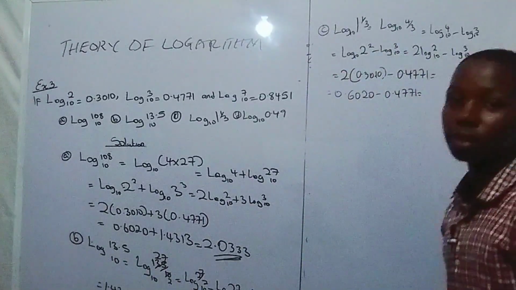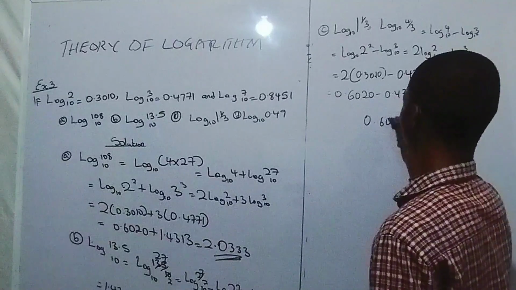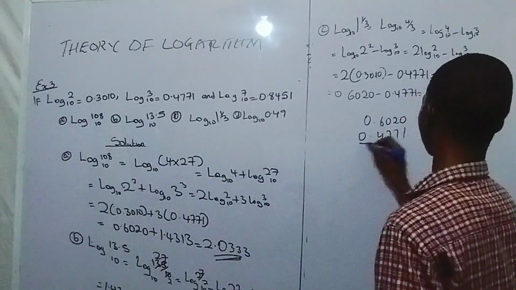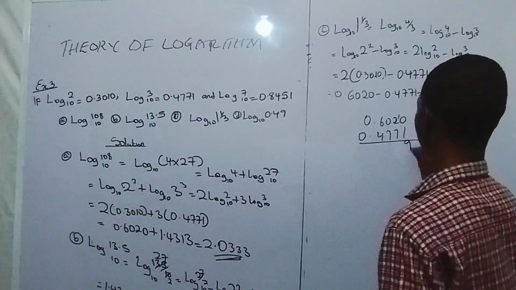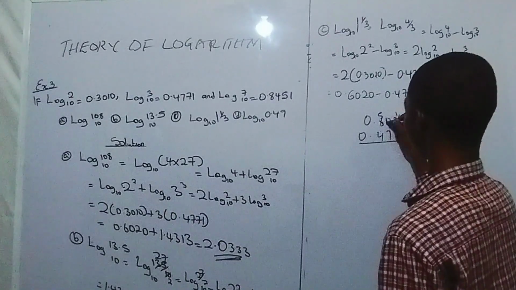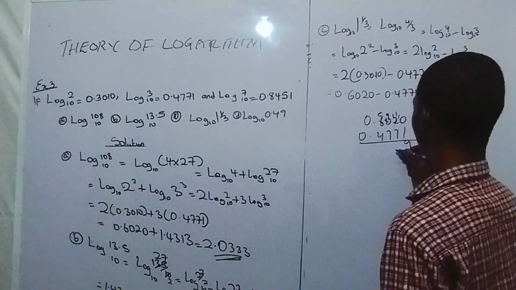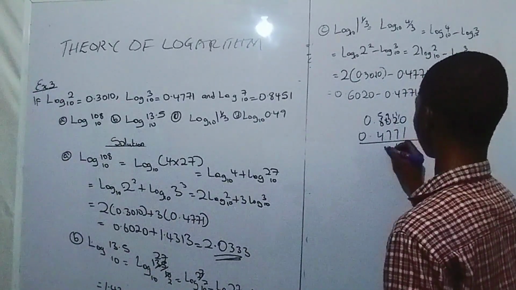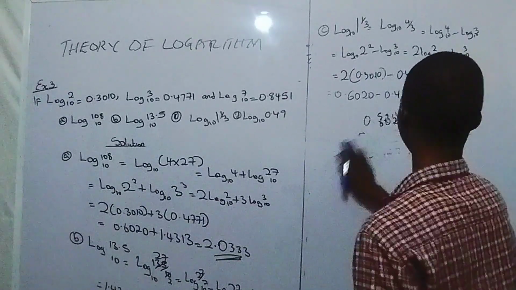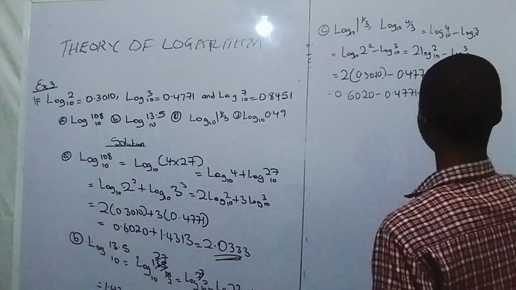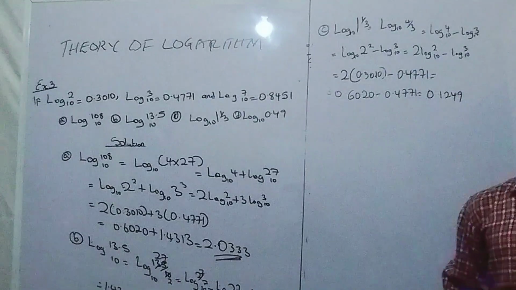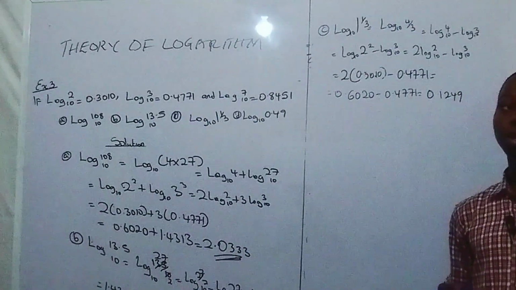You can easily subtract that. 0.6020 minus 0.4771. So while you're at that, we have 0.1249. It's actually easy, just subtraction and addition of decimals.